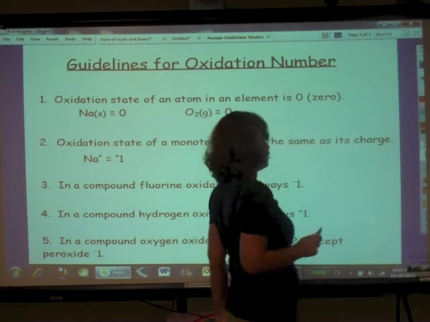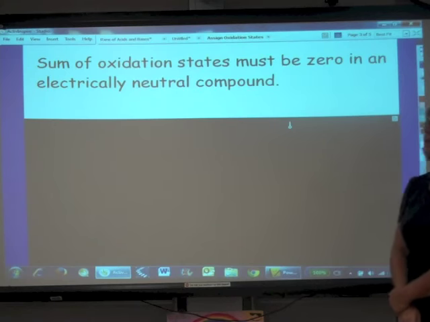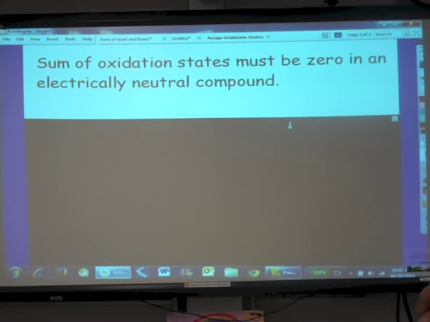Okay, we've got a couple of rules we must live by. The first rule is the sum of oxidation states of the atoms that are in a compound must be 0.